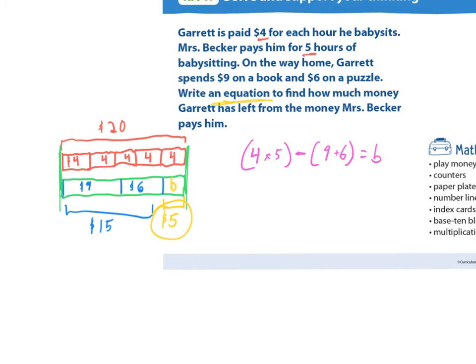We know that 4 times 5 is 20. We know that 9 plus 6 is 15. So we're going to be doing 20 minus 15 equals B, which means 20 minus 15 is 5. So Garrett has $5 left over.